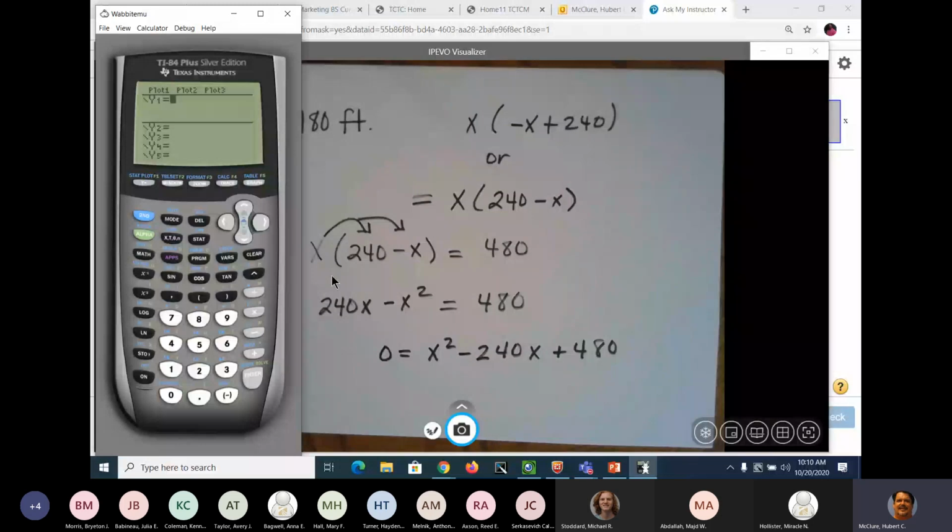Yeah, let's leave it negative X squared. So negative X squared plus 240X minus 480. And graph. Wow. Zoom, fit.